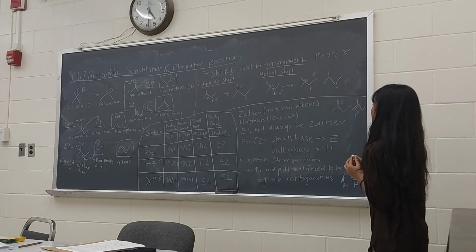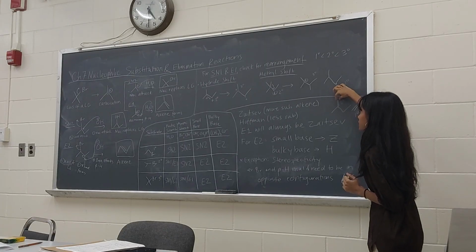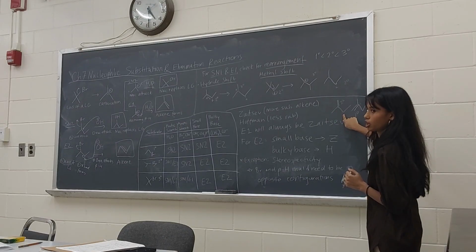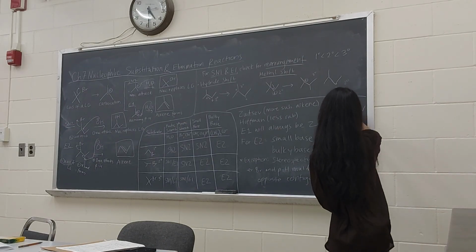Yeah, I don't get that. Oh yeah, this one is a bit different too because you're looking at the carbon that the alkene is attached to. So this alkene is connected to two carbons, and this one only one. Also this is a two, bad example.